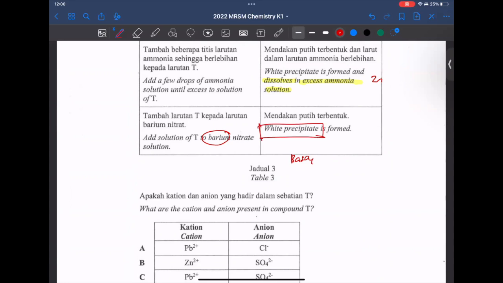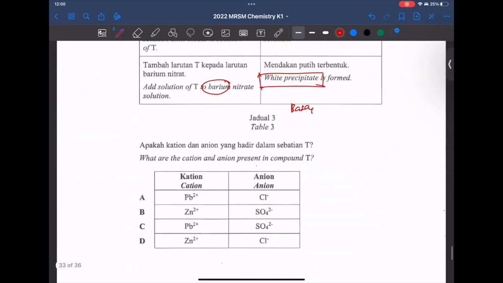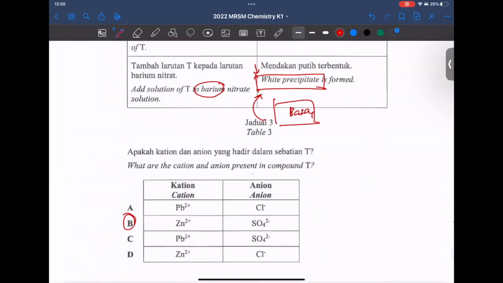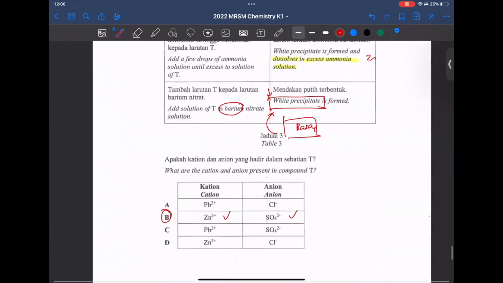So therefore, I will say zinc is the cation and sulfate is the anion because BaSO4 forms an insoluble white precipitate. Barium chloride is soluble, so it's not going to form this. So if it forms a white precipitate, it means it's an insoluble salt. Barium sulfate is the one that's insoluble, so it must be a sulfate salt. So zinc and sulfate.